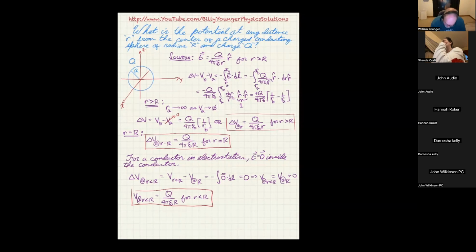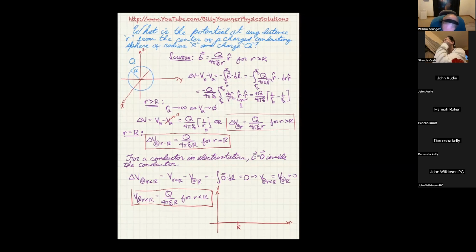So unlike the electric field, when we actually make a plot of the voltage as a function of distance, r, for instance, we'll have an r here. But before, what we had for the electric field was that it had 0 everywhere inside the conductor. And so I'll draw that in blue, for instance.